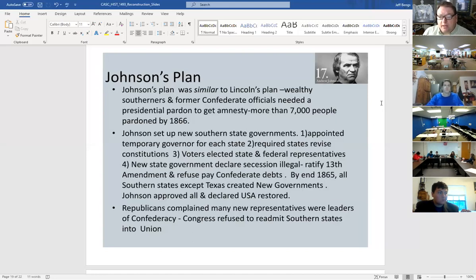Lincoln especially wanted to make it a smooth and somewhat easy act of reconstruction so that the South could be brought back into the Union fairly quickly and healing would begin.